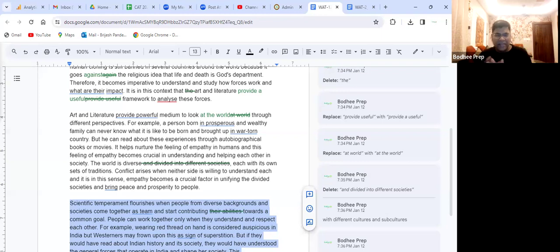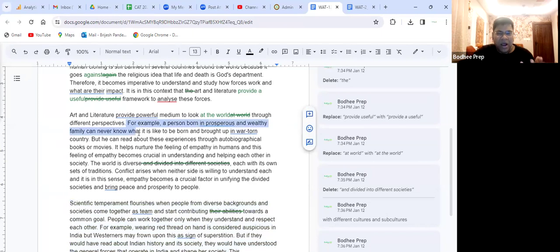So in this particular essay, the problem is not that the author has used very poor language. More or less, the language is fine with me, but the core content has not found place in the essay, the core content which I was expecting. The only part which I can praise to some extent is the part which has come here, that art helps you to broaden your horizon.